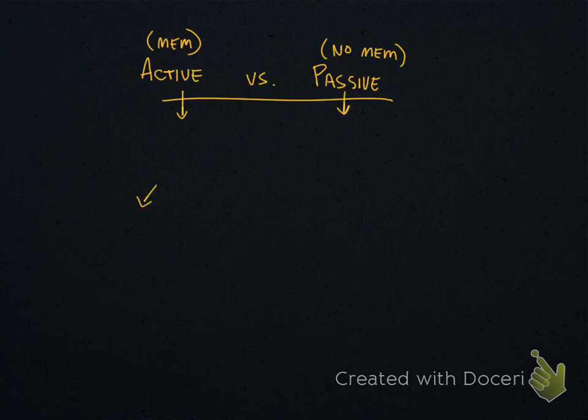Let's make a little chart here. With active, we need the exposure of an antigen. We have to be exposed to the antigen to form active immunity and get this memory. Passive immunity, we do not.